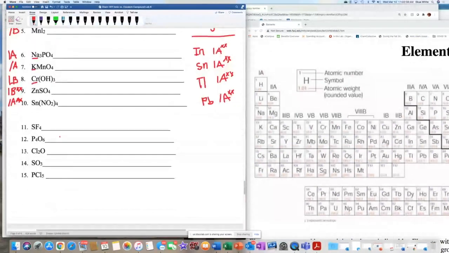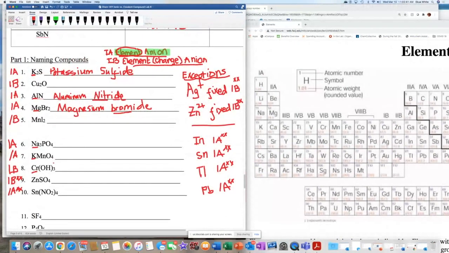So yeah, let's see. I'm looking at this right now. We have these, as I said, I'm not going to go through all of this. Now, when it comes to naming this, remember you guys learned how to name the common ions, right? The polyatomics. So remember, monoatomics are the ones that end with ide. When it comes to polyatomic, like this one here, you see the quote unquote non-metal part of the formula has more than one element.